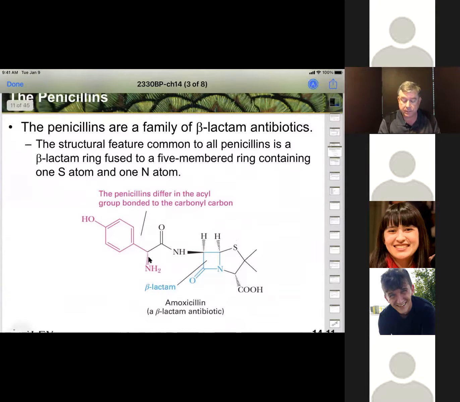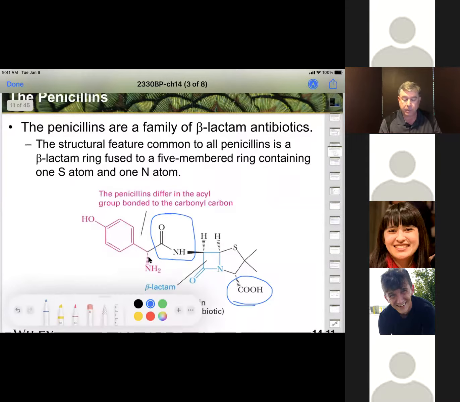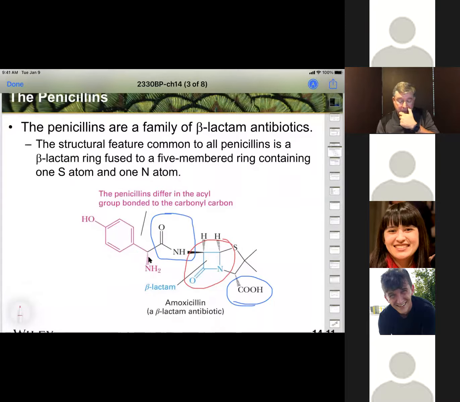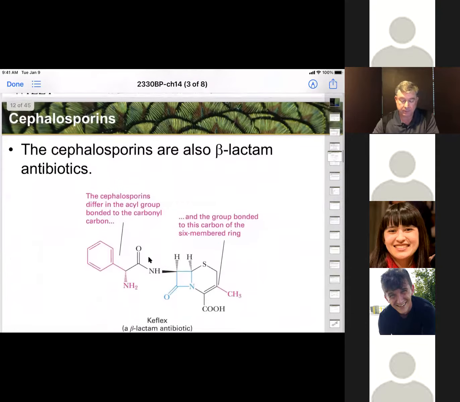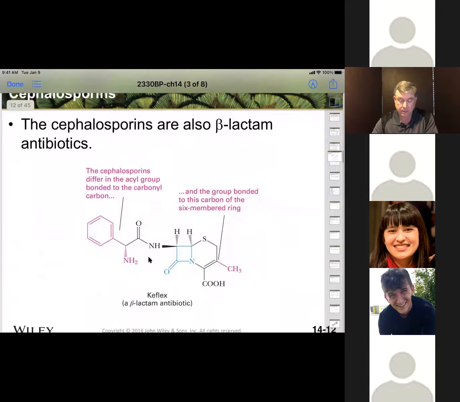If we look at our system here, we have our carboxylic acid as part of the functional group. We have our amide as a second part of our group here. And the third part of our group here is an amide, the lactam, the cyclic amide in this ring. This is true for other derivatives here.